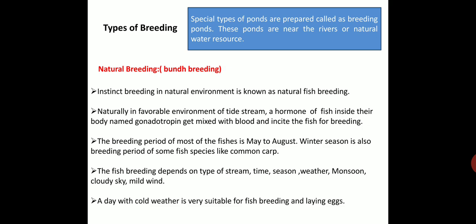The breeding period of most fish is May to August, and winter is also a good season for breeding in fishes like common carp. Fish breeding depends upon the stream, time, season, weather, monsoon, cloudy sky, and also mild wind. A day with cold water is very suitable for fish breeding and laying eggs.